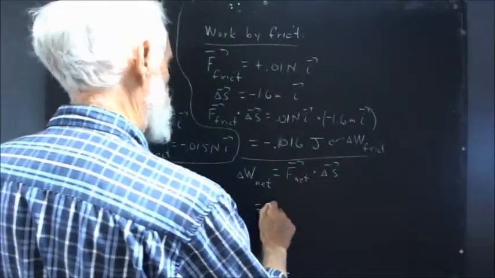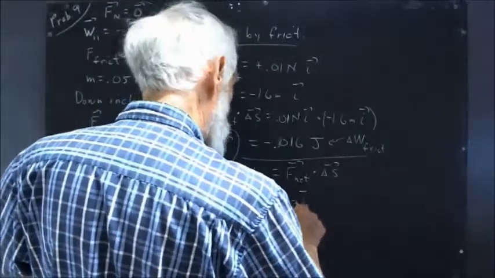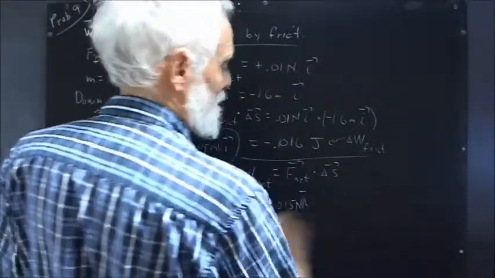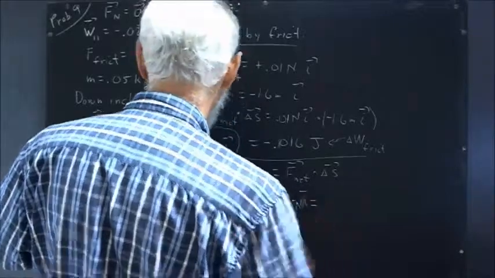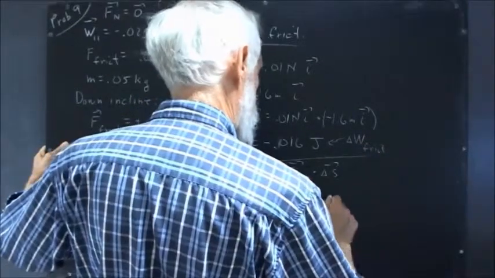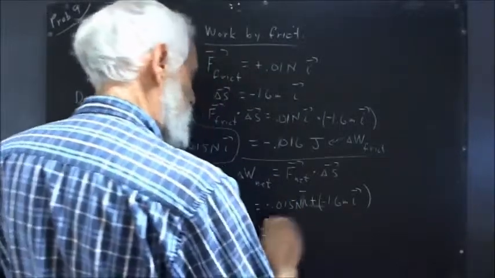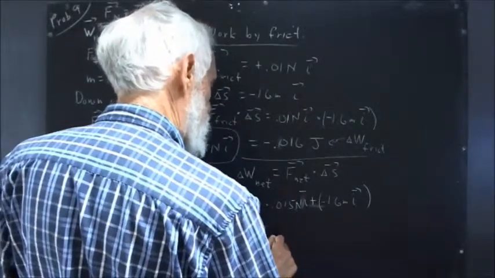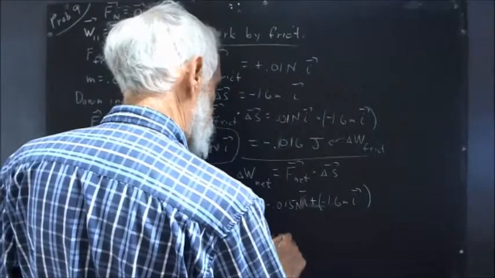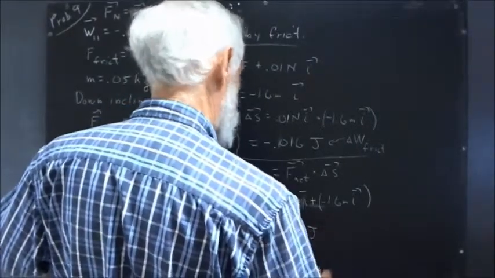That's going to equal negative 0.015 newtons times i, dotted with, not equals, but dotted with the displacement vector, which is negative 1.6 meters times i. And when we multiply that out, we get positive 0.009 joules. So that's delta W net.